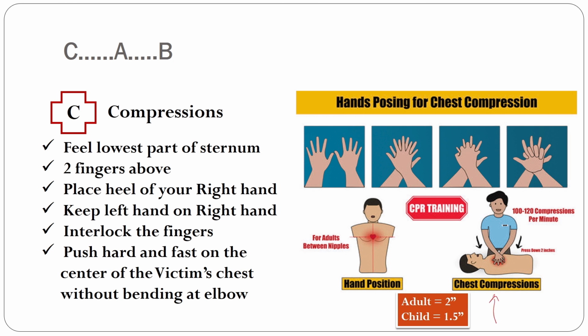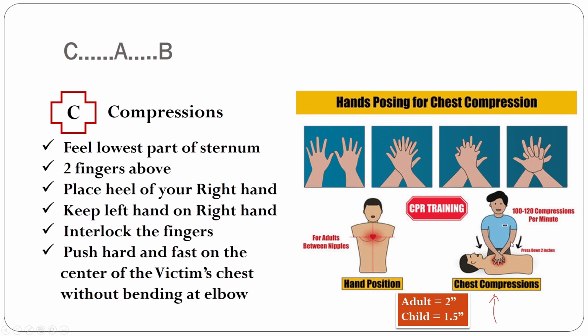In the chest, feel the lower part of the sternum and two fingers above it, place the heel of your right hand and keep the left hand on the right hand and lock your fingers, and then start pushing hard and fast on the center of the victim's chest without bending an elbow.